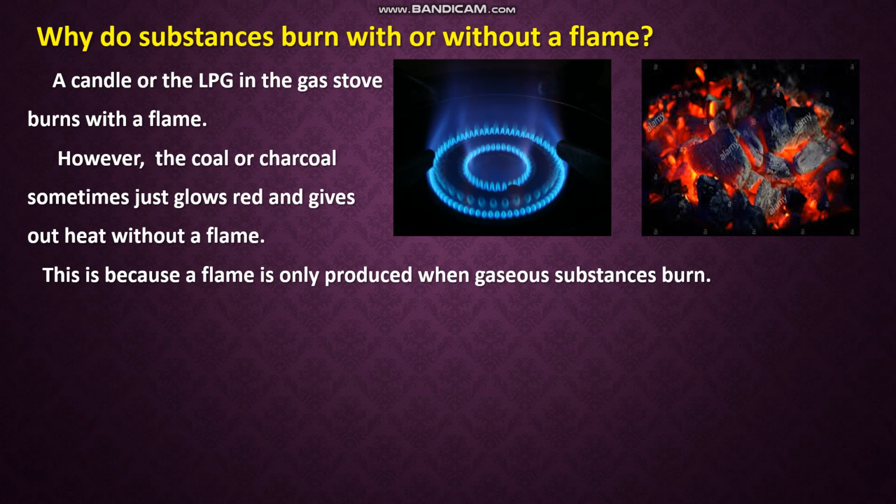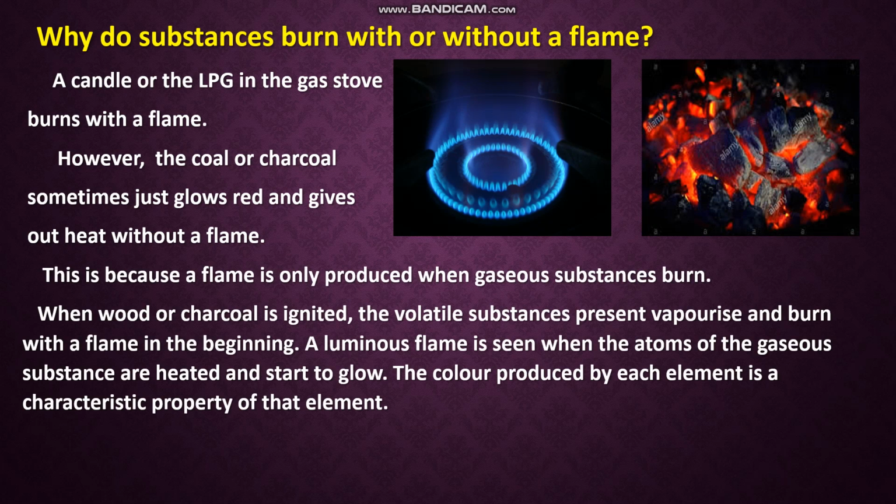Volatile means easily vaporizable. In coal or charcoal also, some easily vaporizable gases will be present. So when they burn, we can see a flame in the starting. After that, what will happen? It will just glow.